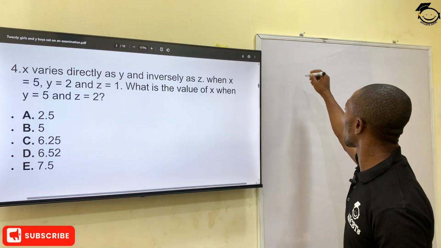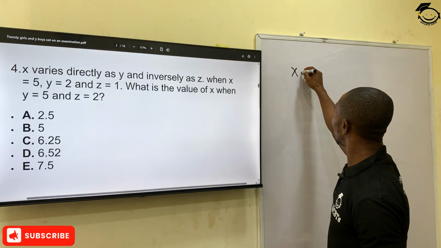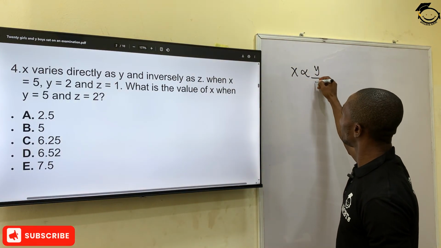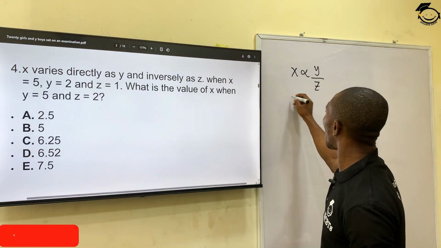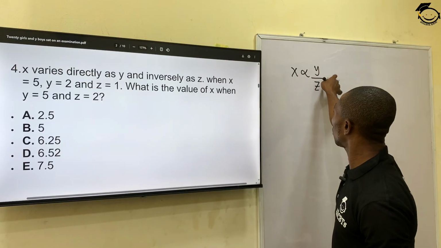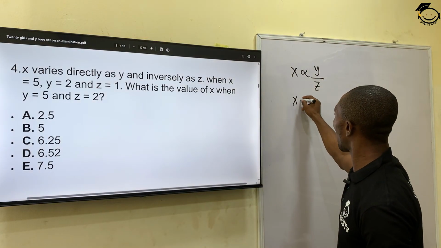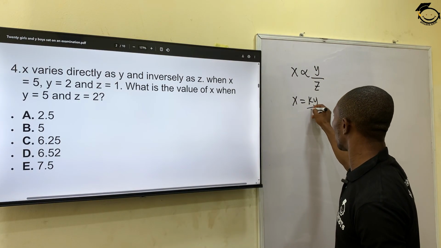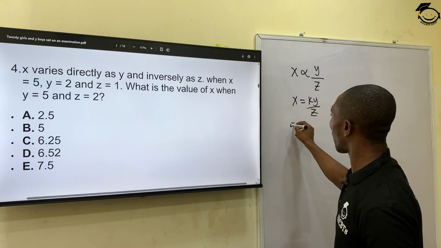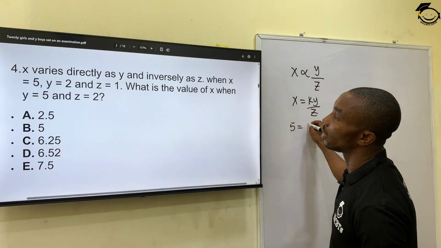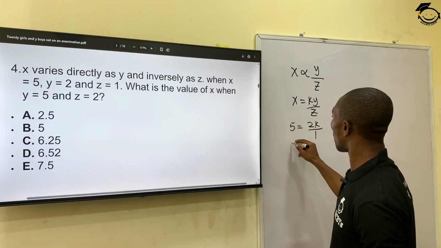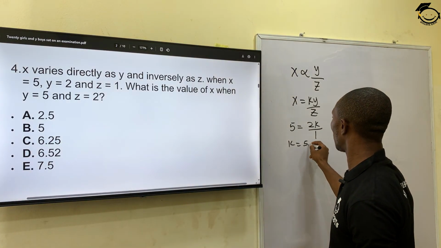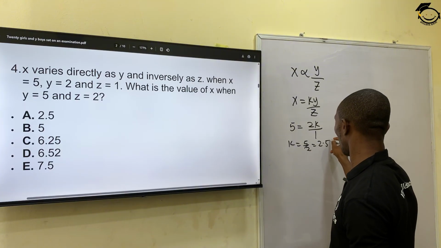X varies directly as y and inversely as z. Including our constant of proportionality will give us x equals ky over z. When x is 5, y is 2, and z is 1, our k equals 5 over 2, which is 2.5.